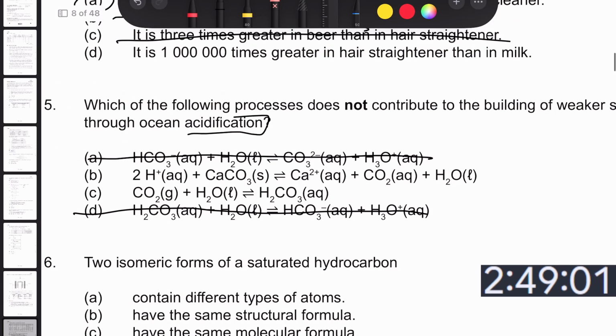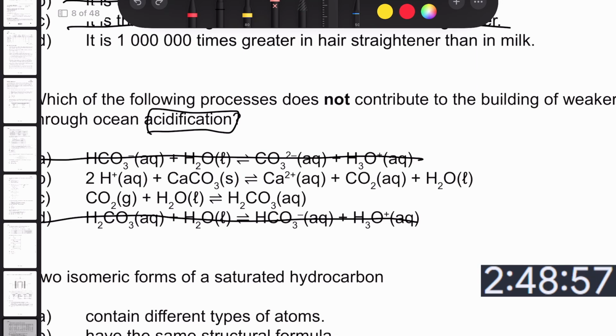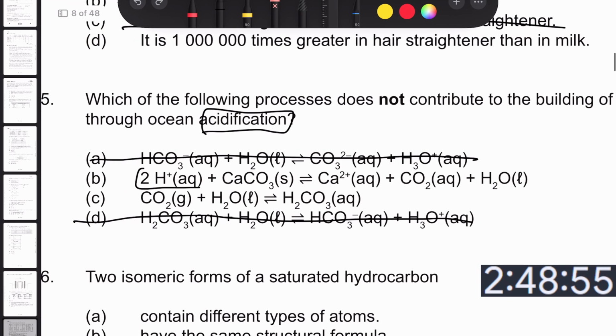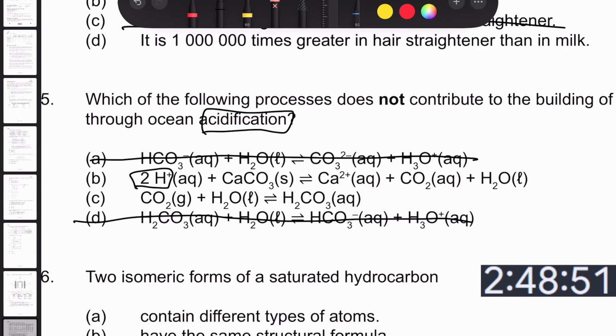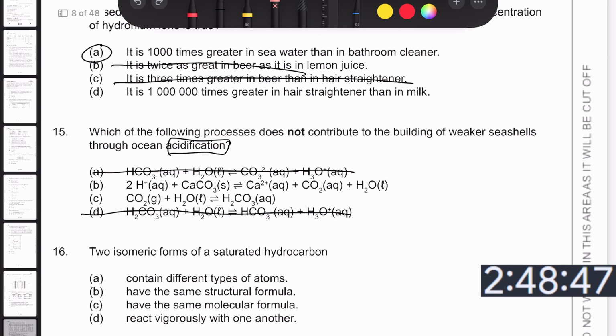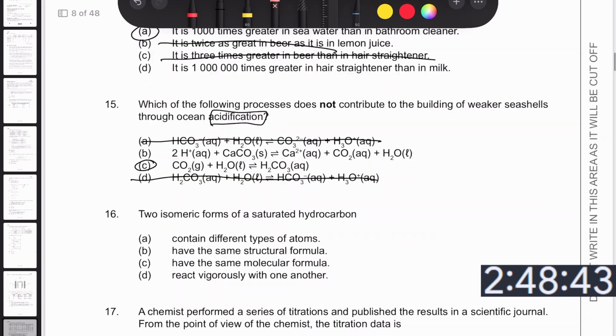Ocean acidification. I feel like this is a better answer for why it is, because it clearly shows acidification and the seashells being destroyed. So I think not is going to be C.